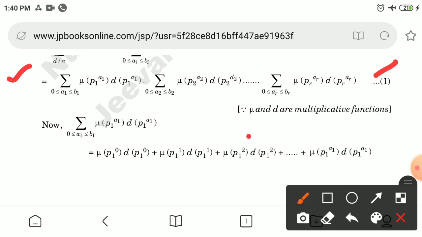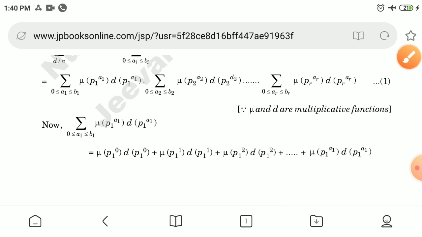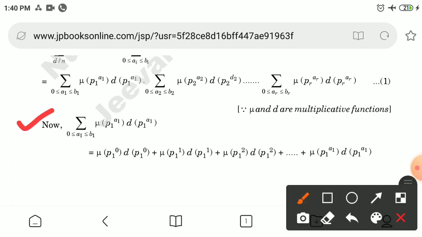Since μ and d are multiplicative functions, now consider the first term, the summation of μ(p1^a1)d(p1^a1), a1 from 0 to b1.